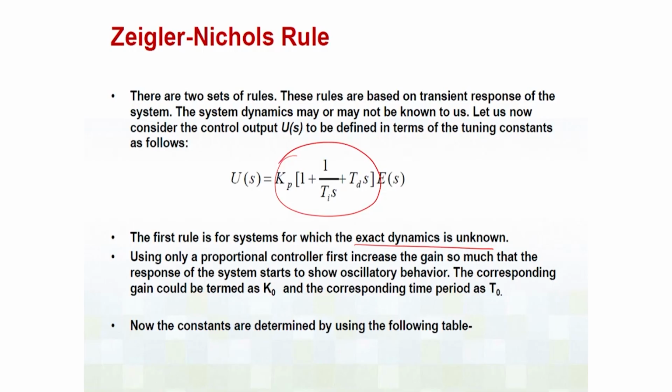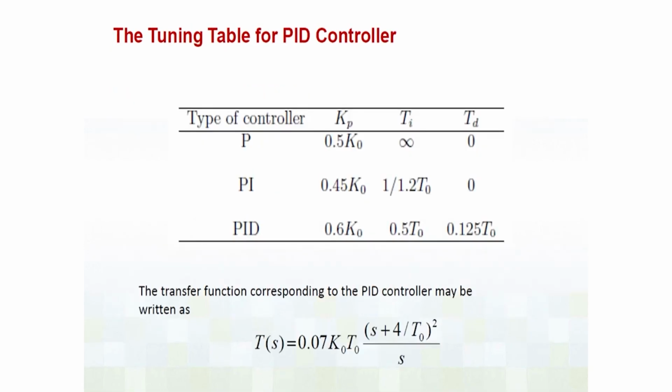In such a case, you first play with the proportionality constant K0 and note down when the system would become second order, and the corresponding time period T0. Once I know that, I can choose for only a proportional controller the tuning value to be simply 0.5 K0.